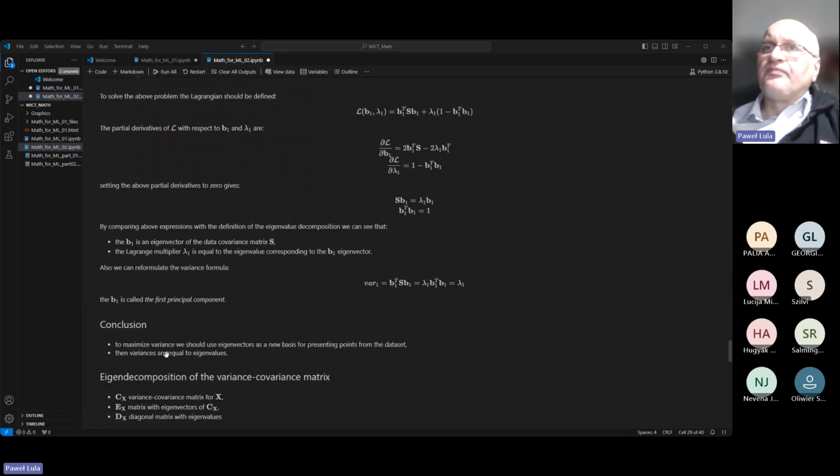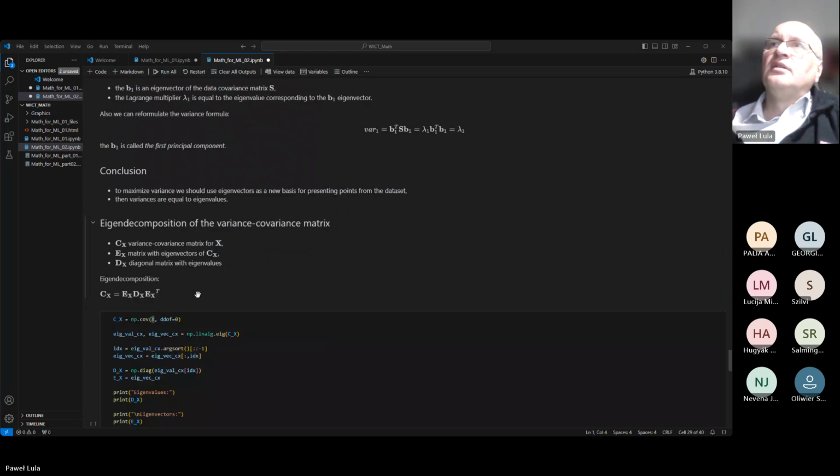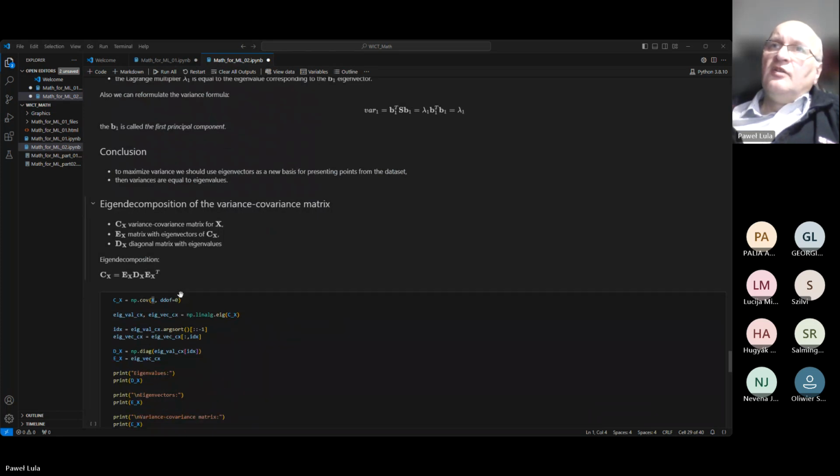First, we will be talking about the variance-covariance matrix for the original data. We calculated it in the first part of our lecture, and we remember it was CX.